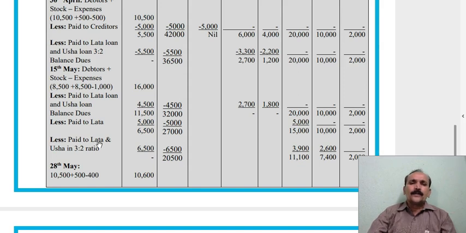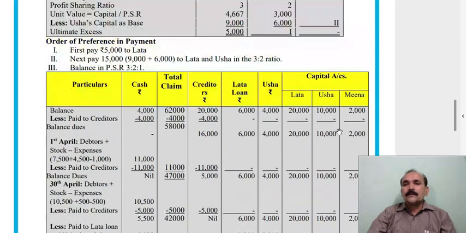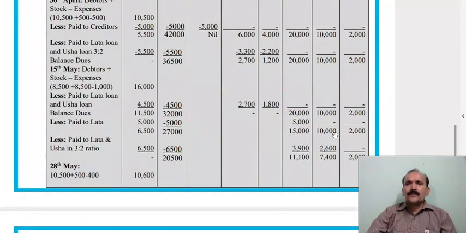After payment of Lata's capital, 6,500 cash balance is available, total claim 27,000, and capital balances of Lata, Usha and Meena are 15,000, 10,000 and 2,000.